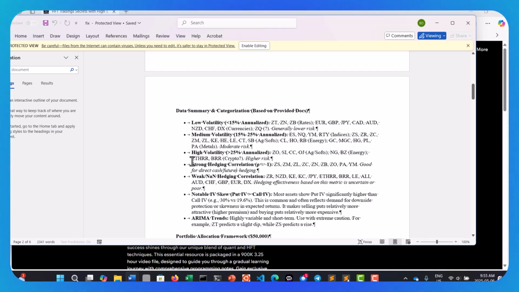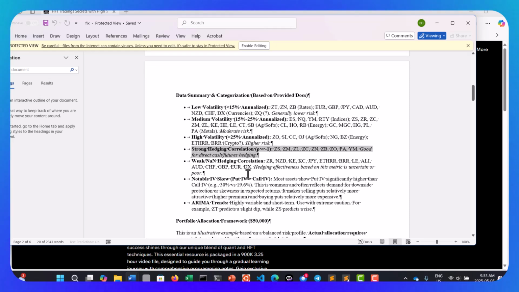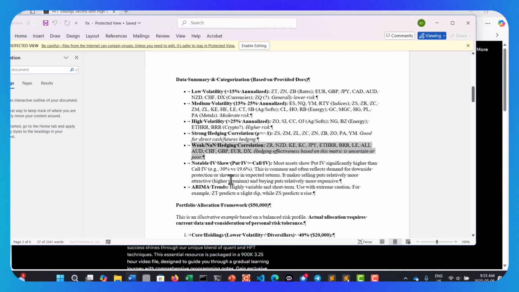So again, we're looking for stronger hedging correlation potential. Again, these ones right here are good for direct cash and futures hedging. Okay. So here we have some weak hedging combinations again, which means hedging effectiveness based on this metric is uncertain or poor. So I wouldn't even touch those.